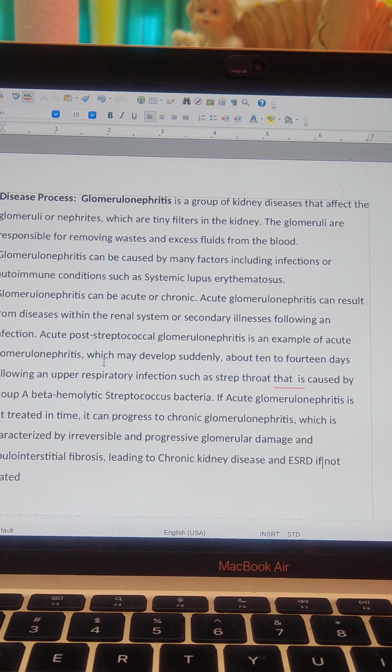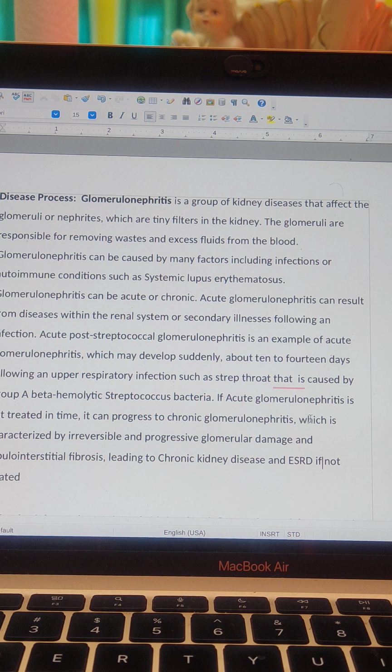For example, post-acute streptococcal glomerulonephritis is an example of acute glomerulonephritis, which may develop suddenly about 10 to 14 days following an upper respiratory infection such as strep throat that is caused by the group A beta-hemolytic streptococcus bacteria.